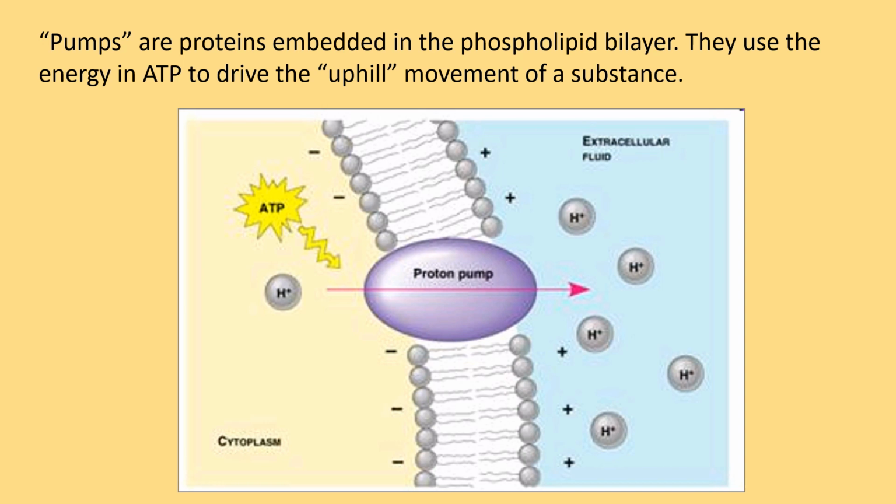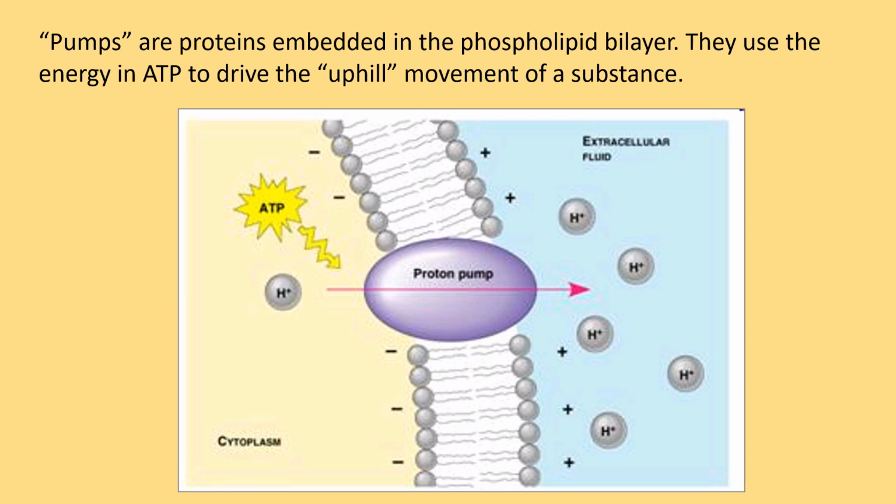It spans the entire width of the plasma membrane to contact both the intracellular fluid and the extracellular fluid. And this pump is going to move hydrogen ions from an area of low concentration to an area of high concentration. And in this scenario, that hydrogen ion is going to move from the cytoplasm to the extracellular fluid. So this pump is responsible for expelling hydrogen ions from the cell.